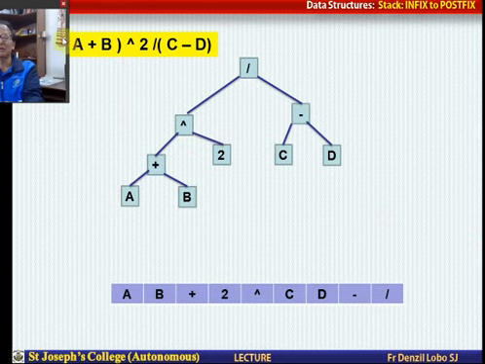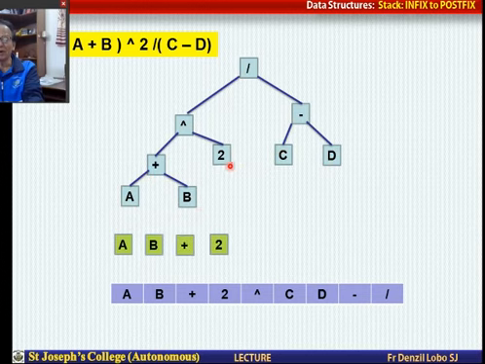This is A, there is a bracket here, A plus B to power 2 divided by C minus D. Therefore the post order traversal, left right root, will be A B plus, then this is over, then 2 power, then you come to the right part of the tree, C D minus divided by.